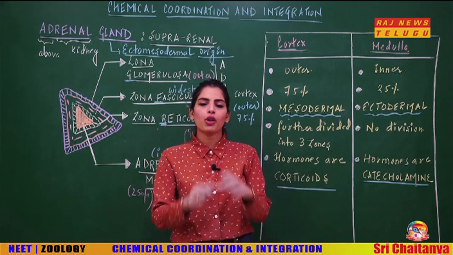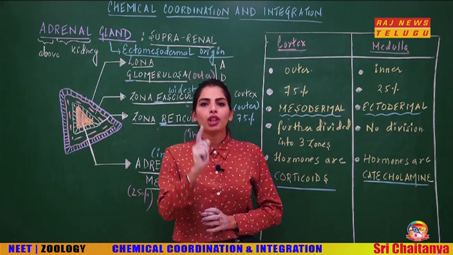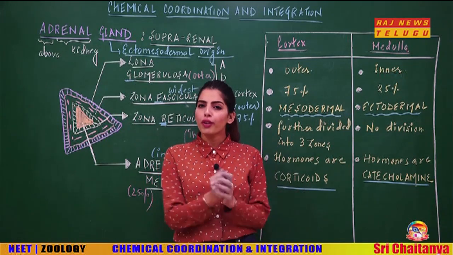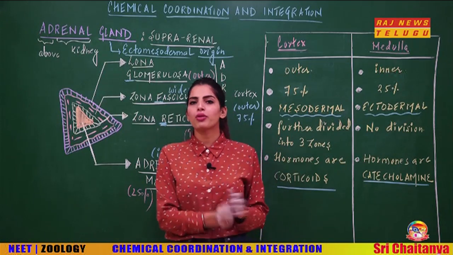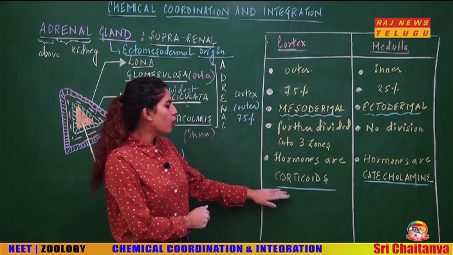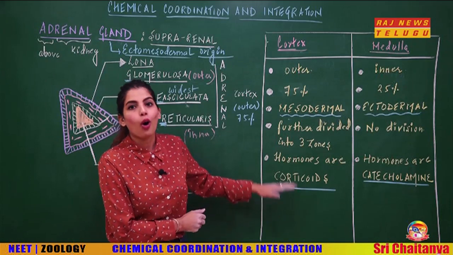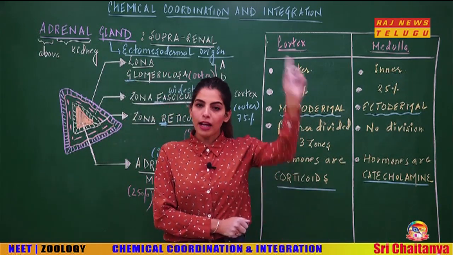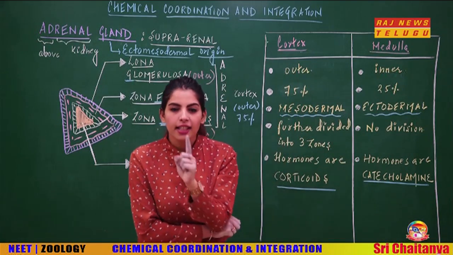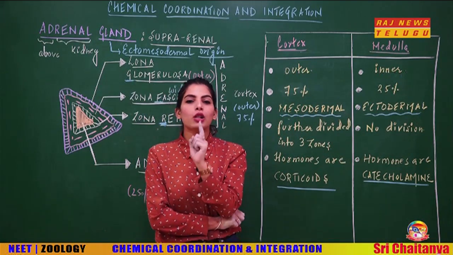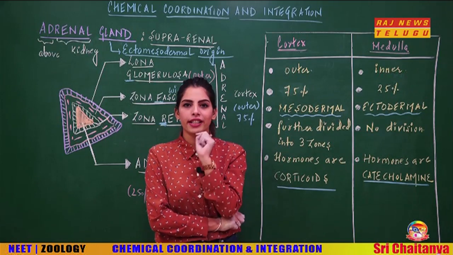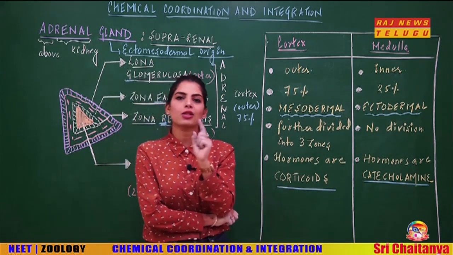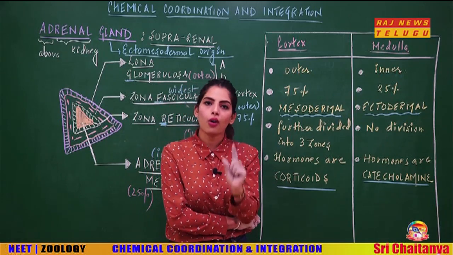Surely we are going to see each hormone separately, but the overall hormones of the cortex are called corticoids, or corticosteroids. Why? Because in the first class we discussed that adrenal cortex hormones are steroids. So they are called either corticoids or corticosteroids.